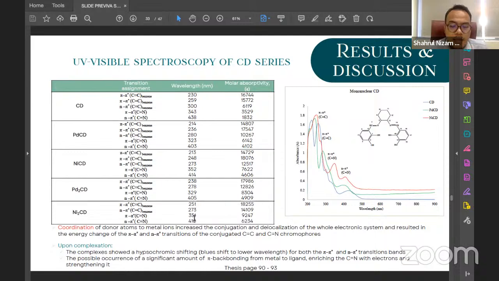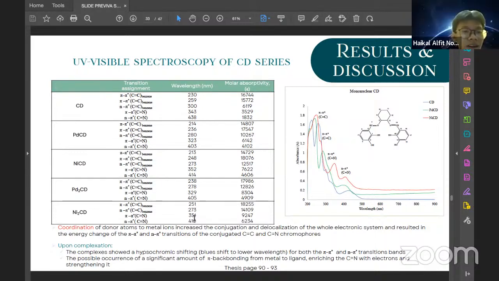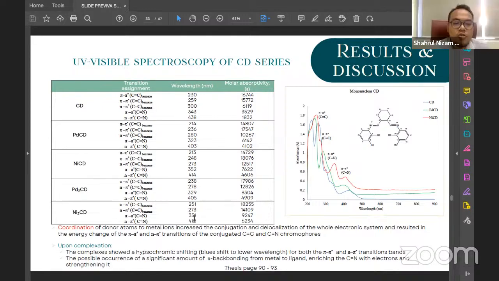Yes, there is a name. We can call it bathochromic or hypsochromic. Have you heard these terms? So for example, upon complexation, you can see this hypsochromic shifting or blue shift to lower wavelength.